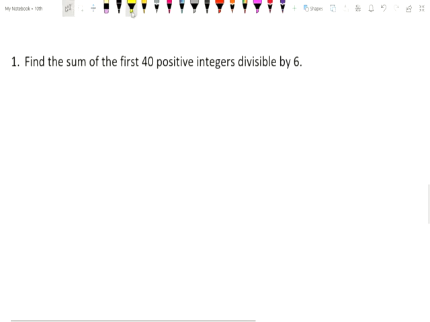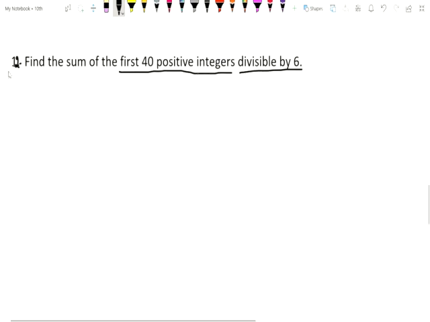See the next one. This is question number 12. Find the sum of the first 40 positive integers divisible by 6. Okay, first you write the sequence.